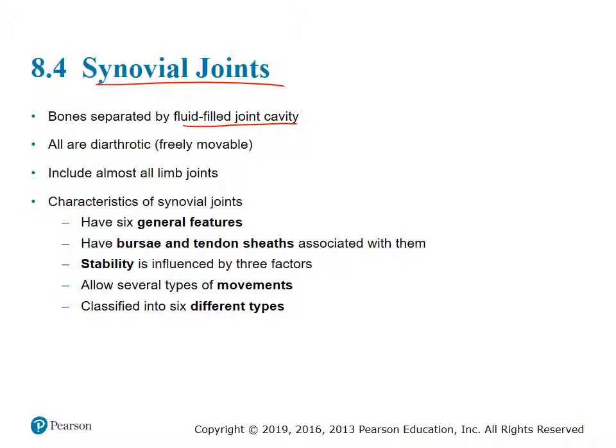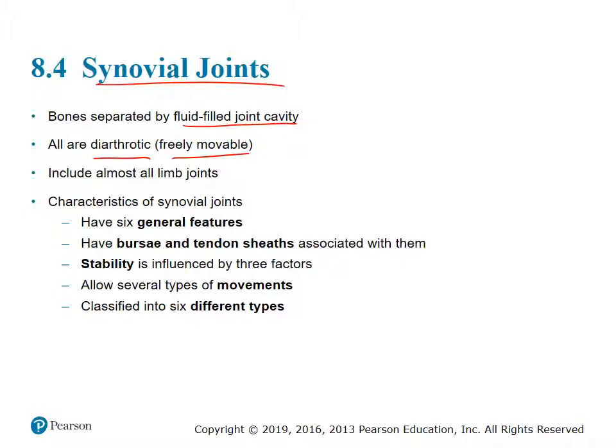Now the tissue will vary. It's connective tissue, but you'll see a lot of different representations of that connective tissue. There's ligaments, there is cartilage, different types of cartilage, you have the cavity. I mean, there's a lot going on in synovial joints. It's much more complex put together than the other ones would be. All of them are considered diarthrotic, which means they're freely movable, okay?